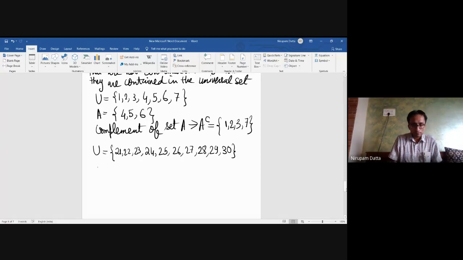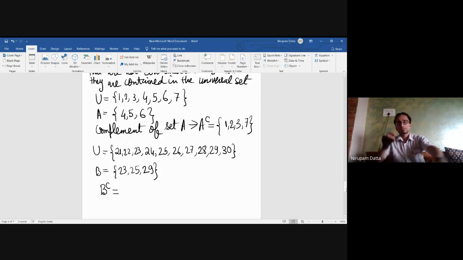Then set B is 23, 25, 29. So what is B complement, or the complement of set B?